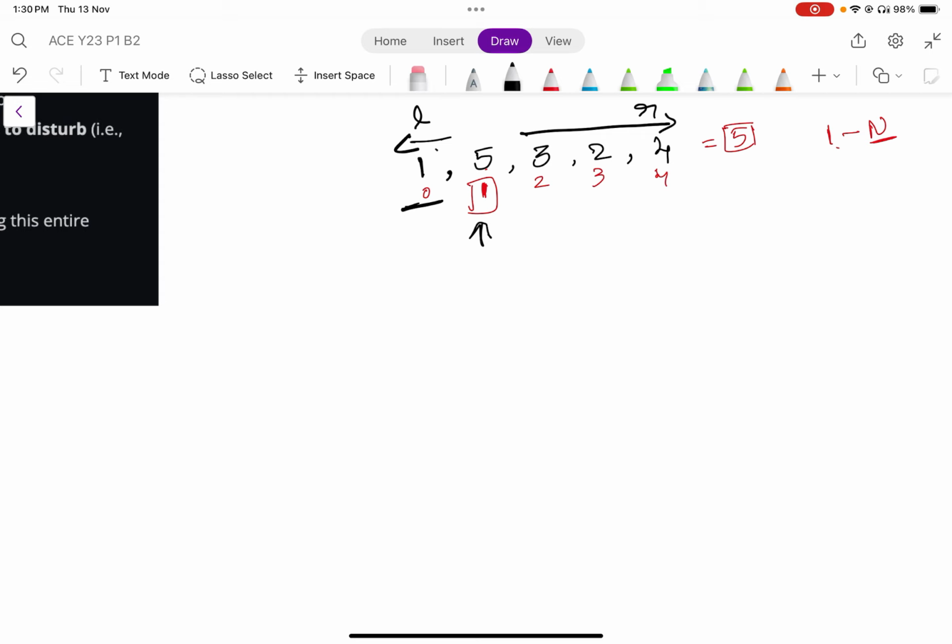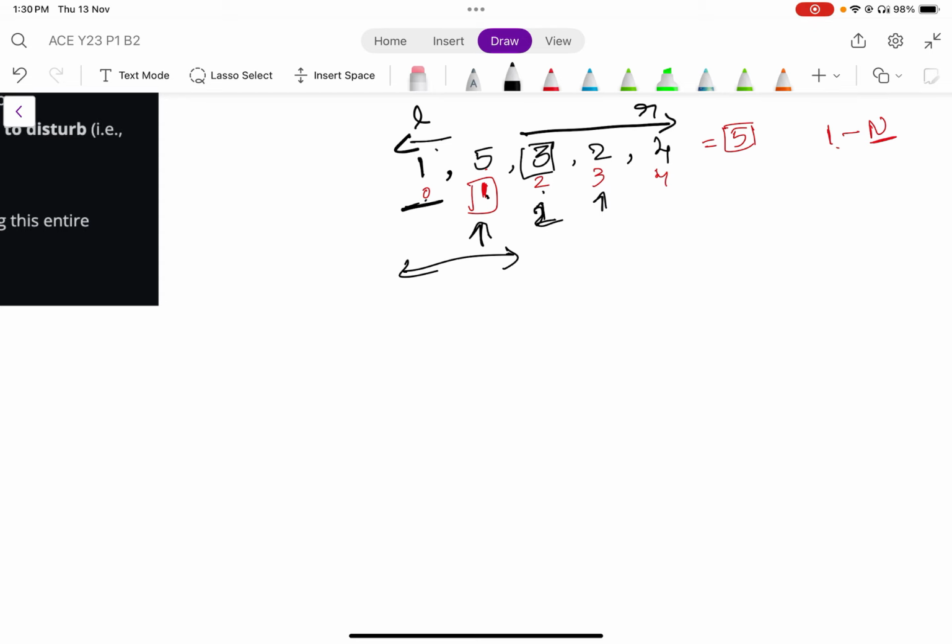Only 1, right? If I temporarily consider this third person, at which index is this person present? At index 2, right? So how many people are present on the left side of this person? 2 people, right? 0 and 1.